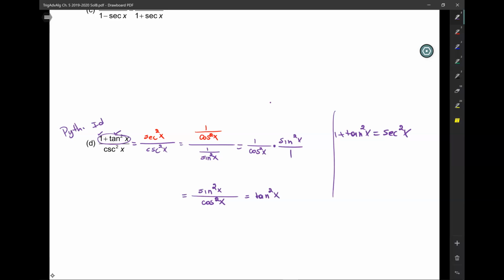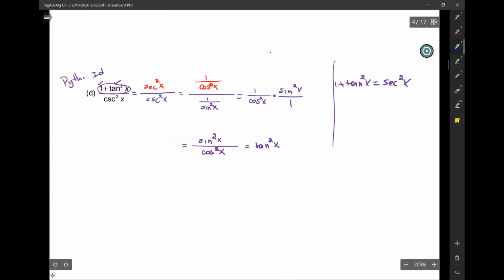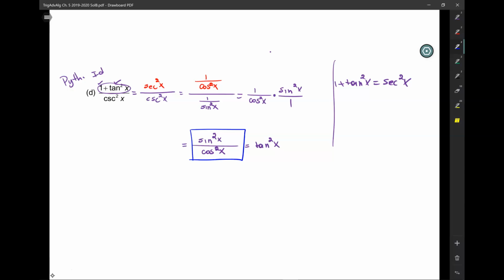Okay, now look. In my directions to you, I said, put them in terms of sines and cosines so that no further operations are possible. So technically, this fits that description. So if you want to leave it as sine squared over cosine squared x, that is acceptable.